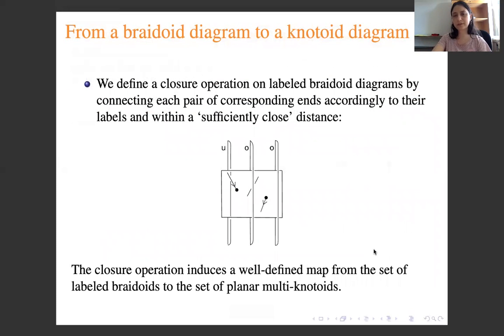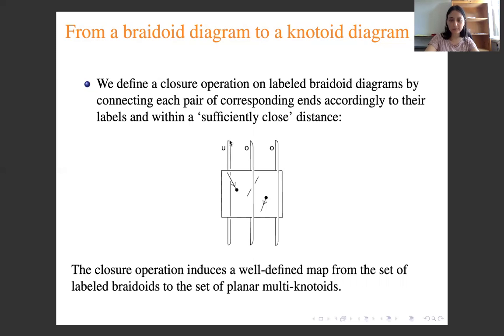So here is an abstract picture of a labeled braidoid diagram with its endpoints lying in a box, but with its normal ends here aligned in pairs and labels U, O, and O. So we define the closure operation on labeled braidoid diagrams. We close the pairs of corresponding ends with embedded arcs in the plane.